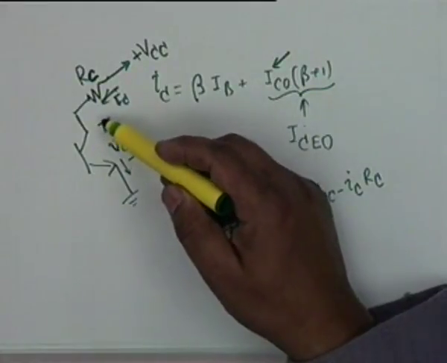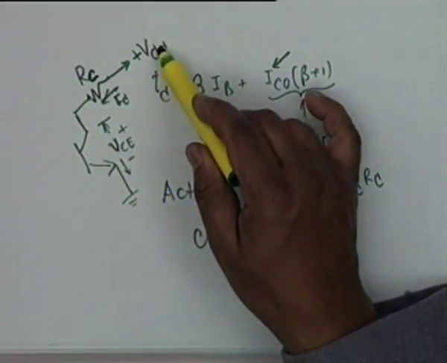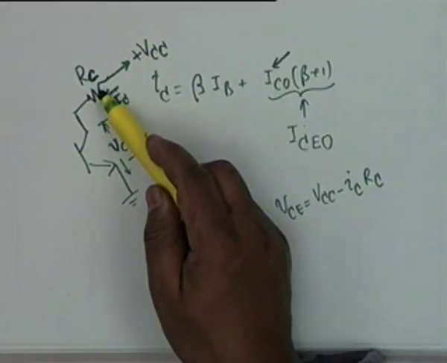This is very simple. The collector emitter drop is the supply minus the drop in the collector resistance.